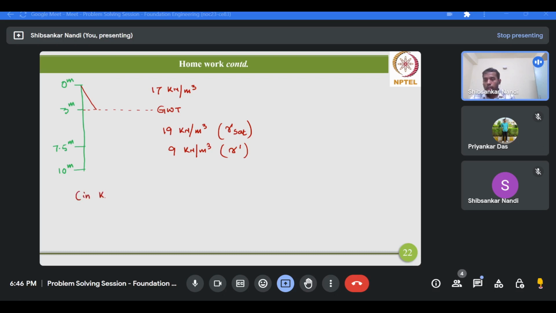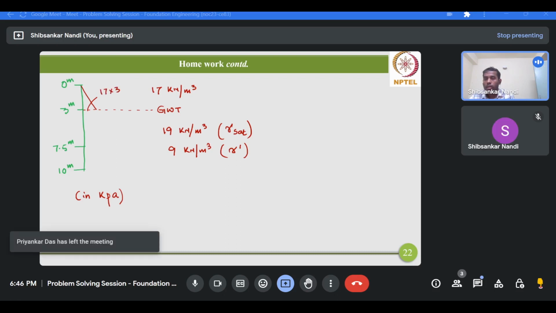Now we'll try to establish the effective vertical stress distribution along the whole length of the pile. This distribution would be in kPa. Starting from ground surface to the location of groundwater table, this value would be 17 times 3, that means 51 kPa.